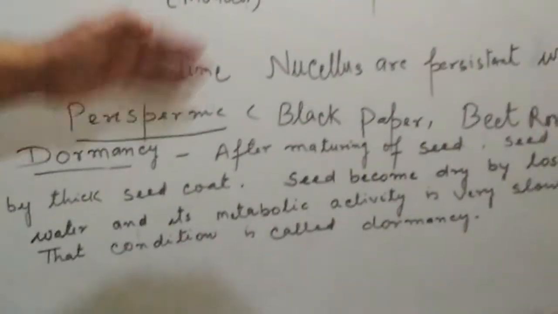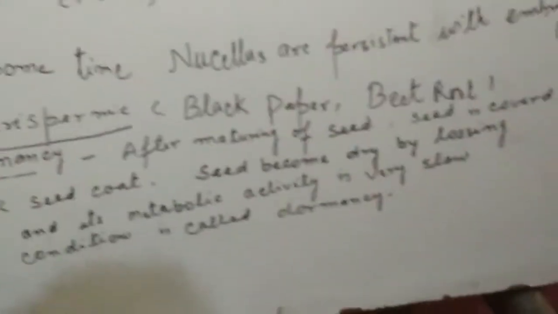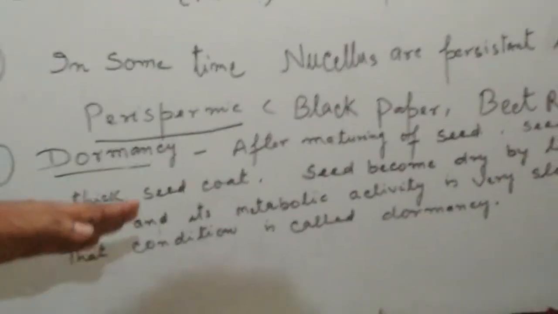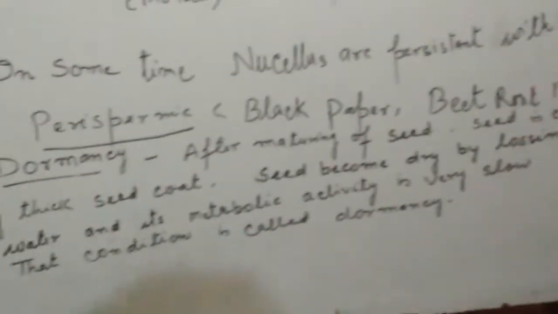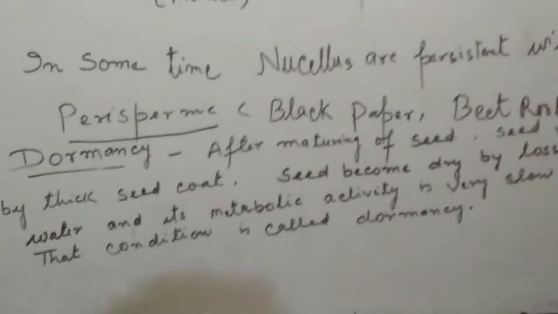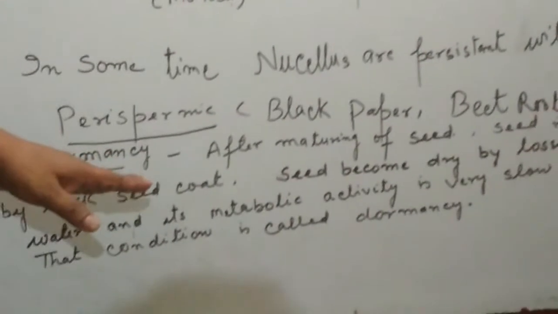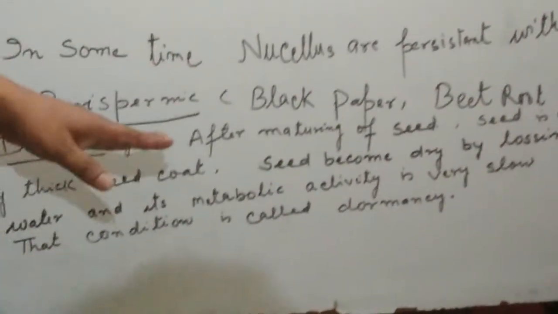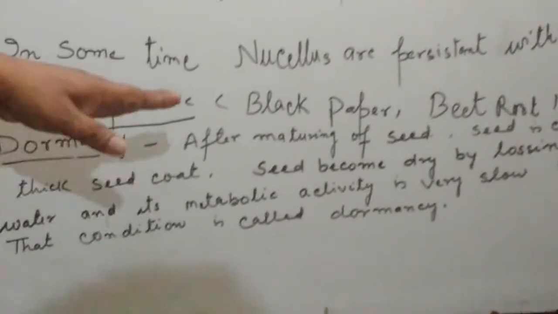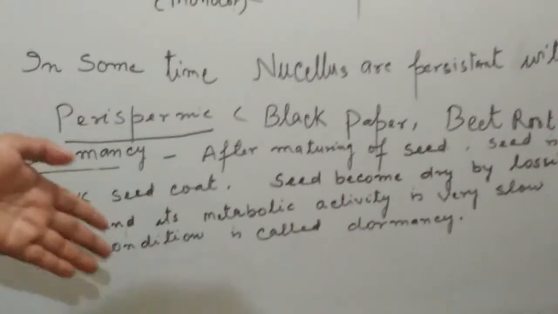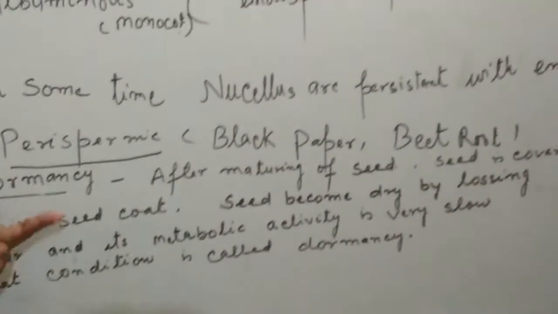Under unfavorable conditions it may survive, and its metabolic activity is very slow. That means with less water it becomes dry, and these are the conditions in which the seed survives to wait for germination in a favorable condition, and that condition is dormancy.